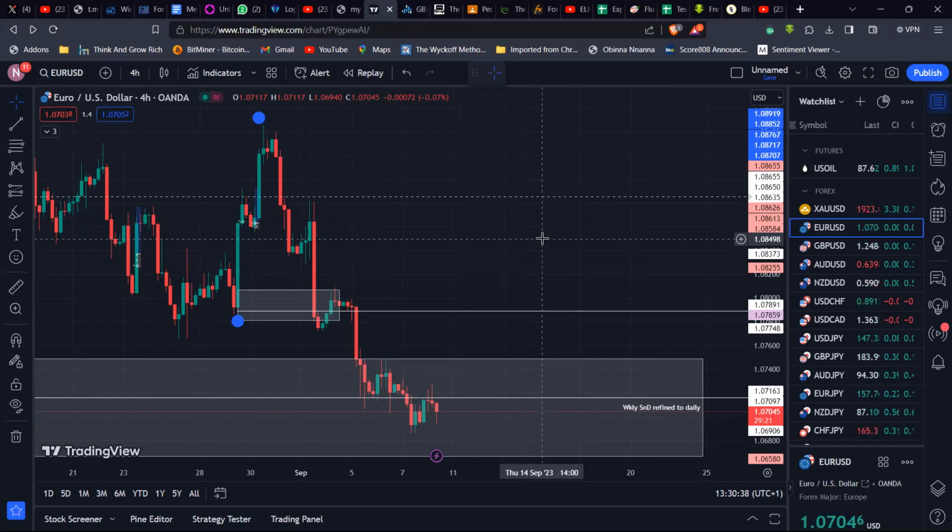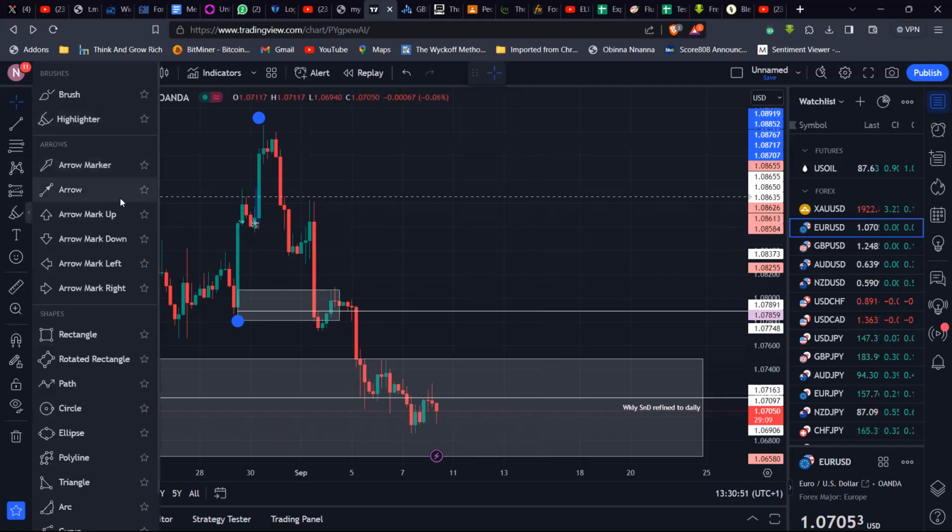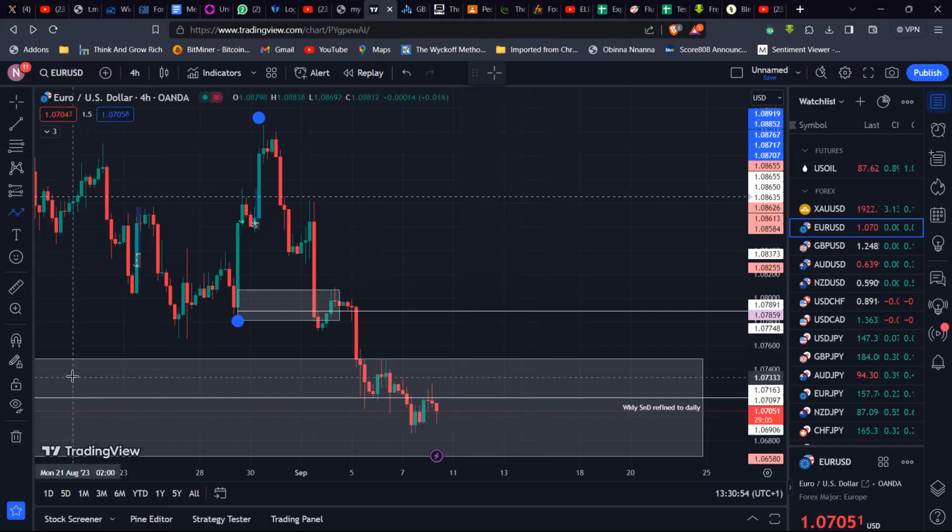Do you understand? So it's more like, this is what I want to do. I want to see confirmation of that move. So let's say price, let me use part 2. So let's say price maybe begins to do something like this.